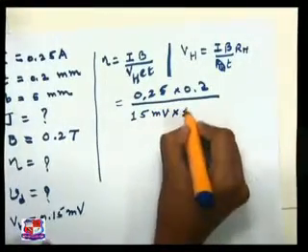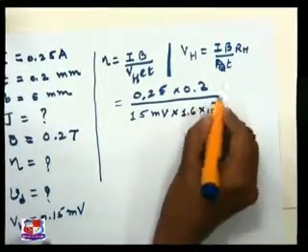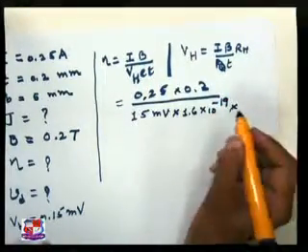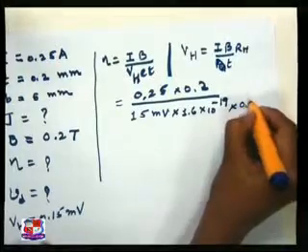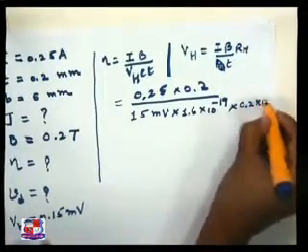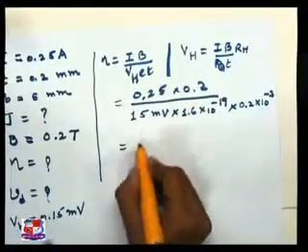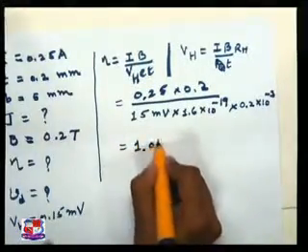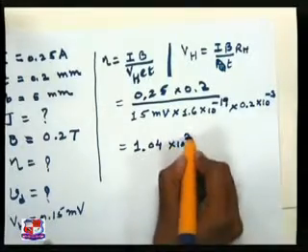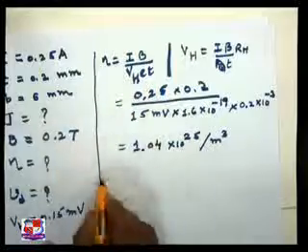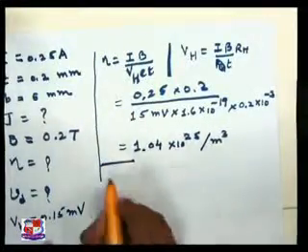E, all of us know, is 1.6 into 10 raised to minus 19 coulomb, and T, thickness, is 0.2 millimeter. So we have to convert it into meter in order to get the SI system working. The answer is 1.04 into 10 raised to 25 per meter cube. Why per meter cube? Because we are finding out the charge carrier concentration.